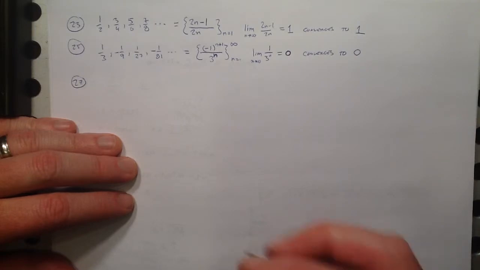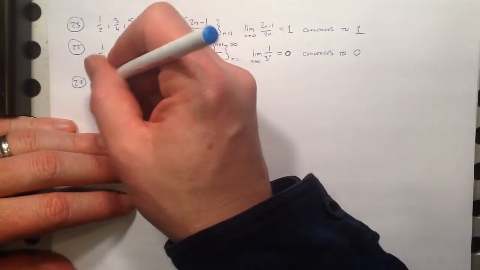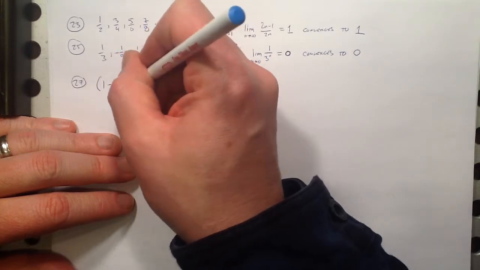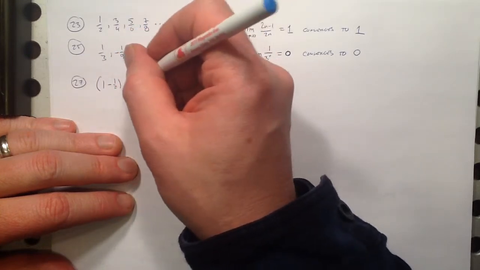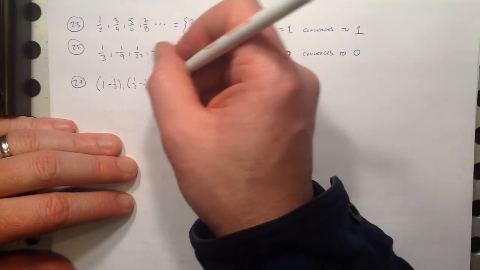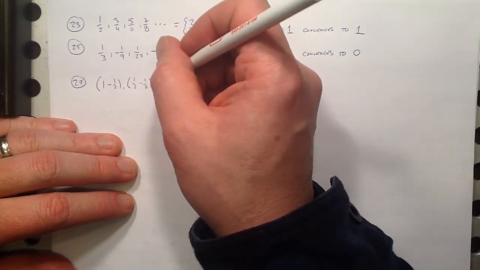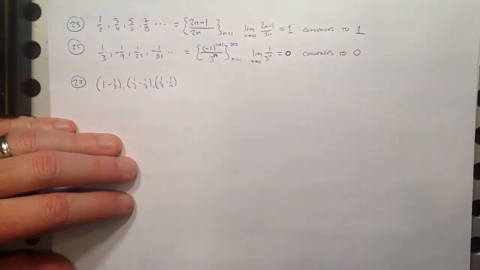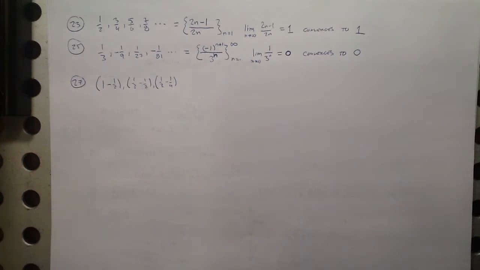Number 27. We've got terms 1 minus 1/2, 1/3 minus 1/2, 1/3 minus 1/4, and so on. And it's a little tricky.